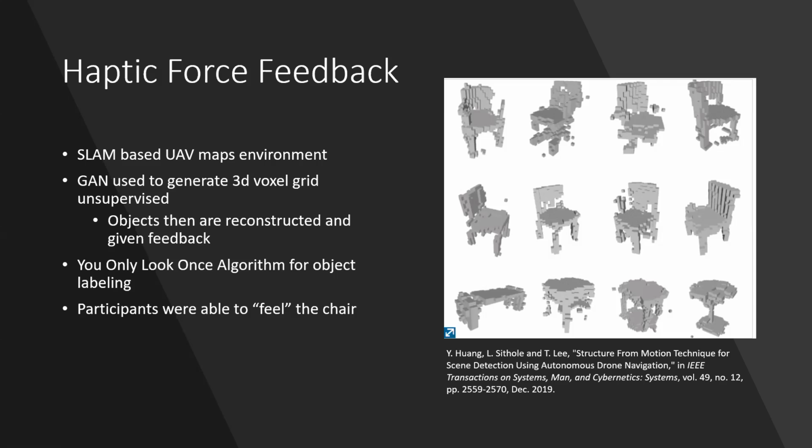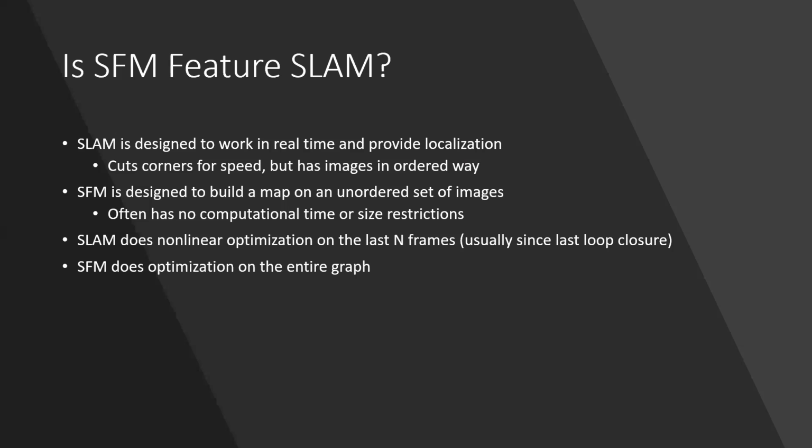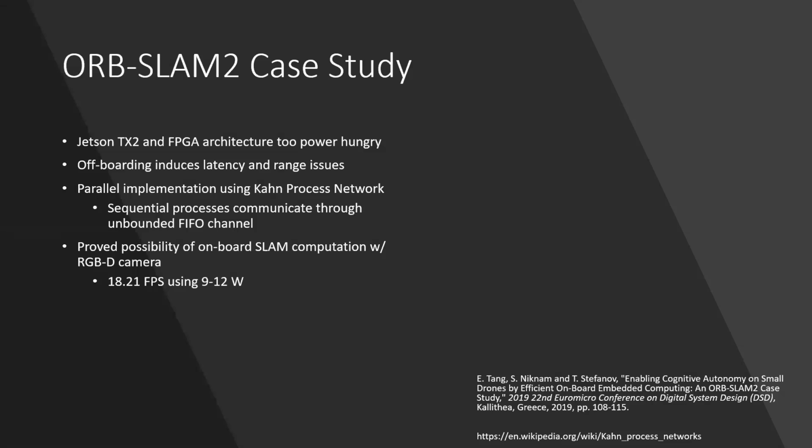Yes, but I remember in one of your slides, you were saying that some of the algorithms are just using 20 watts or 12 watts. Yeah, when they were talking about the ORB-SLAM, they were able to implement it using an RGBD camera in 9 to 12 watts. But they said they're using a TX2?